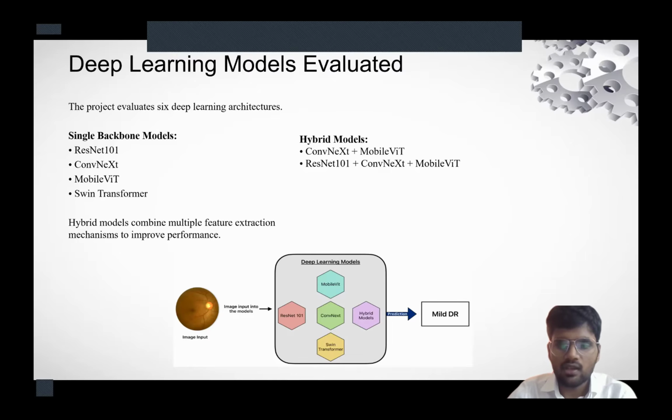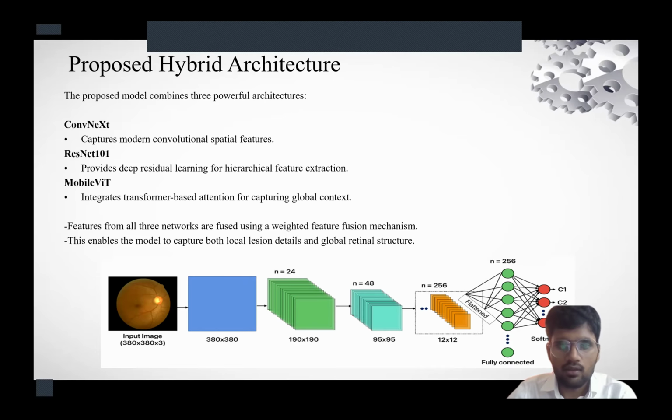The proposed hybrid architecture actually combines three networks, as explained before: ConvNeXt, ResNet 101, and MobileViT. ConvNeXt captures modern convolutional spatial features.